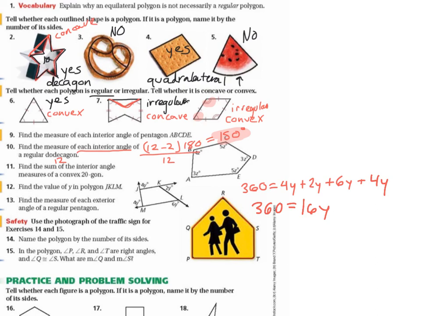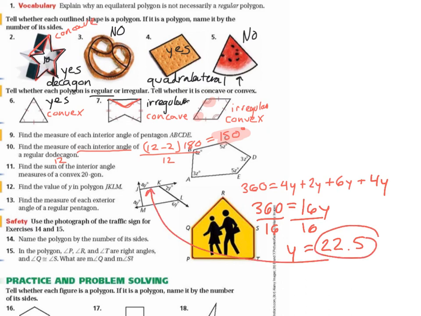And how do we get y all by itself? Divide both sides by 16. 22.5. So y is equal to 22.5. So if we plugged 22.5 into all of these exterior angles, they would all add up to 360.